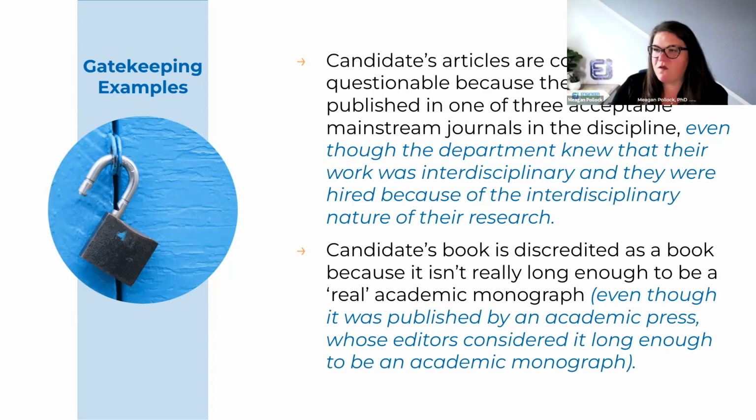The first example here is that a candidate's articles are considered questionable because they are not published in one of three acceptable mainstream journals in the discipline, even though the department knew when they hired them that their work was interdisciplinary and that they were hired because of the interdisciplinary nature of their research. So they were hired for these things, but yet judged as not being academic enough because it doesn't fit the mold of those mainstream journals.